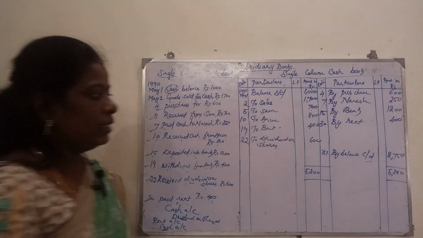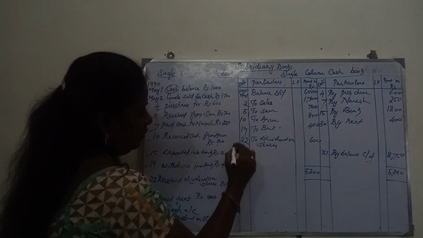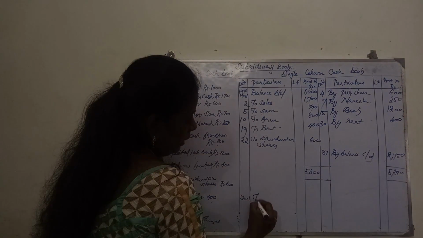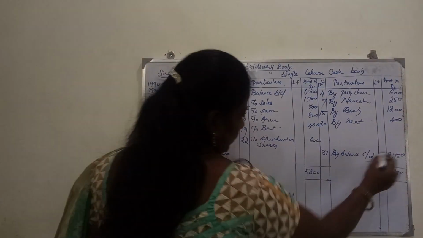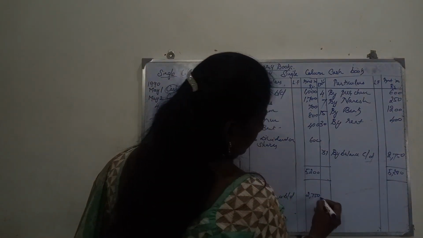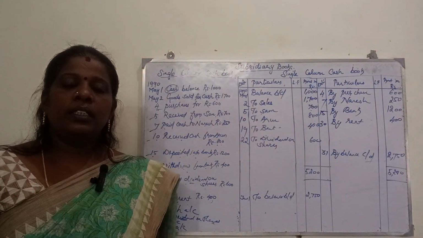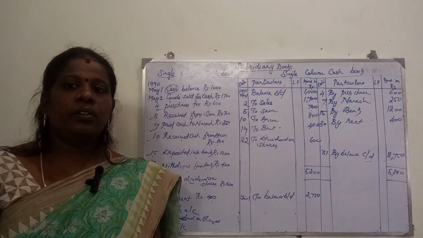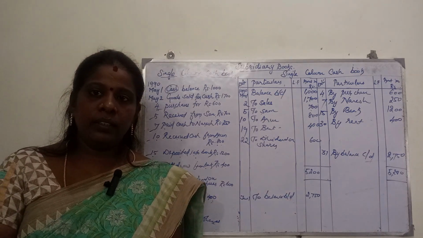It is the difference between this amount and the total amount. That amount has to be taken to the next month, on June 1st, to balance brought down. That is 2,750. Okay, students, got it? This is the single column cash book. In the next video, we will see how to prepare the double column cash book. Okay, thank you.